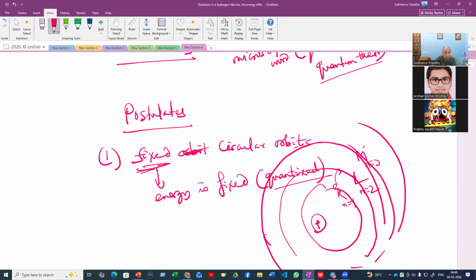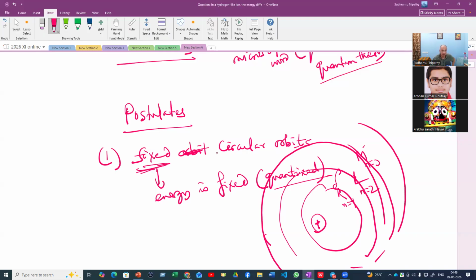K shell is the Lakshman Rekha, the ultimate energy level, the lowest energy level below which the electron is not permitted to go further nearer to the nucleus. That is the nearest approach of the electron towards the nucleus, the K shell.